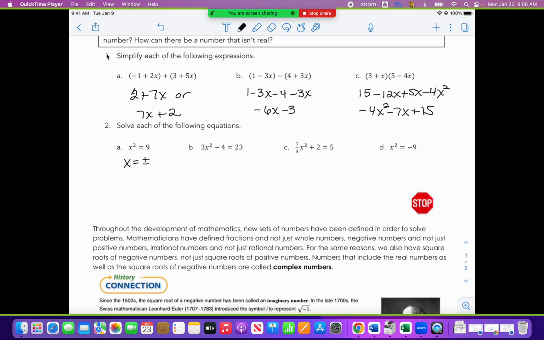And you're going to get plus or minus the square root. So you get x equals plus or minus 3. In letter B, we're going to first add 4 to both sides. Divide by 3. And I get x equals plus or minus 3.